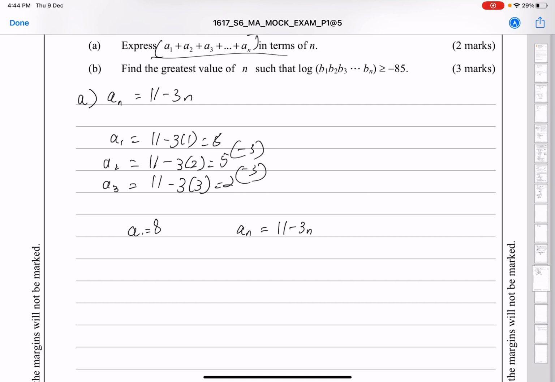We need to apply the formula: the beginning term plus the end term, times the number of terms, divided by 2. This is the value. So after a bunch of calculations, you'll get this value right here.